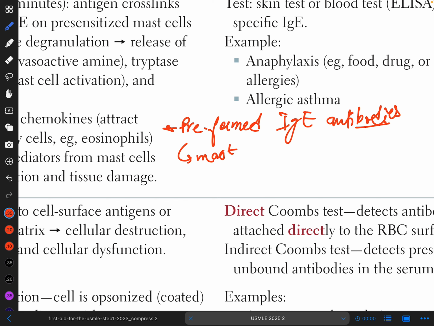The majority of people make IgG, and IgG does not trigger the hypersensitivity response, but IgE results from B cell class switching.